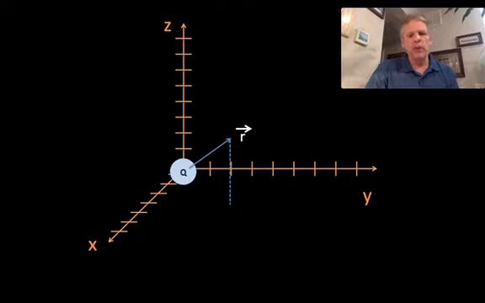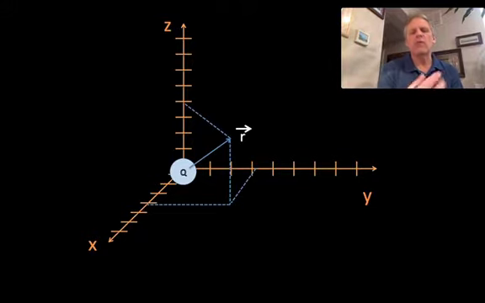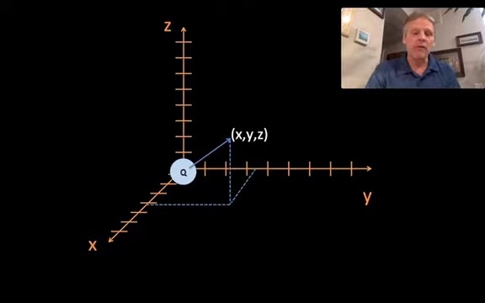We can also draw that to the z-axis. So now this is how high above the xy plane we are, and this is where in the xy plane we are, which also gives you these x and y coordinates. So you can see that we're at some point where we have coordinates x, y, and z.